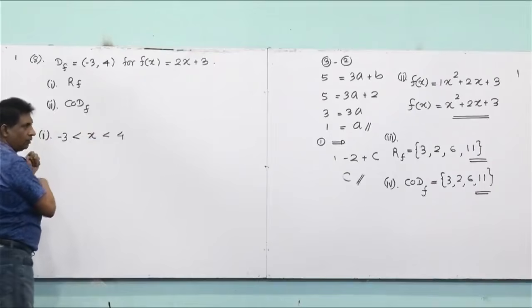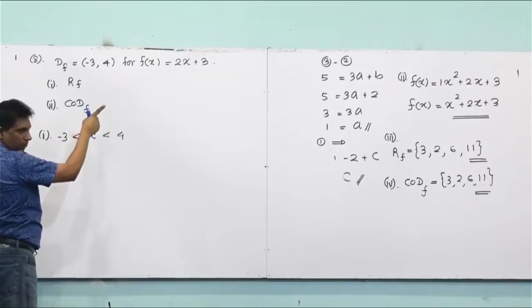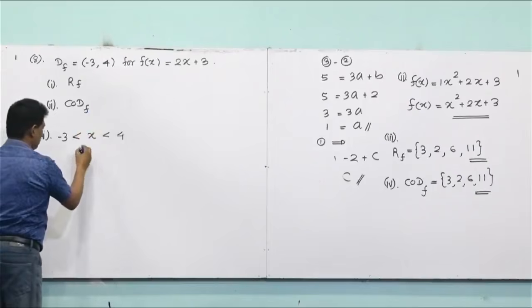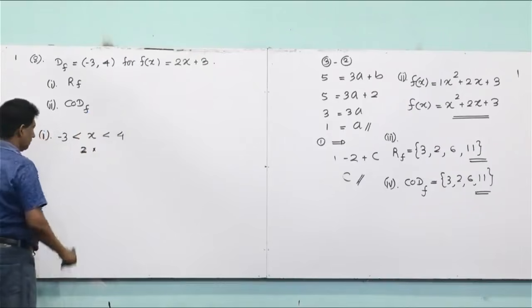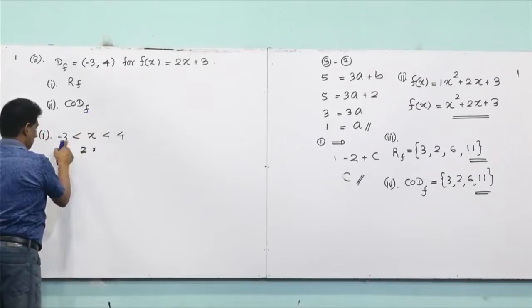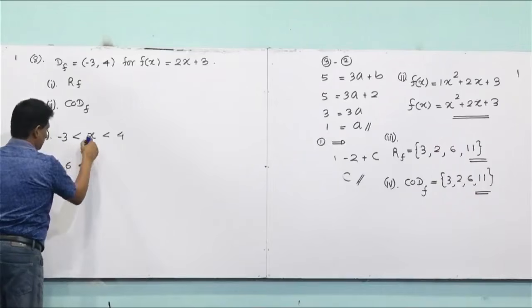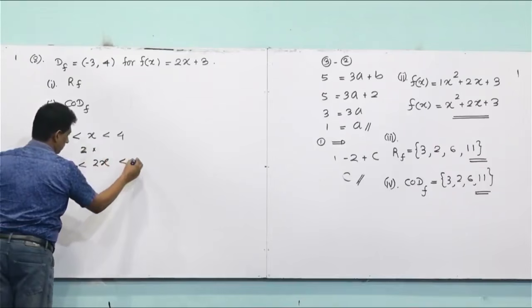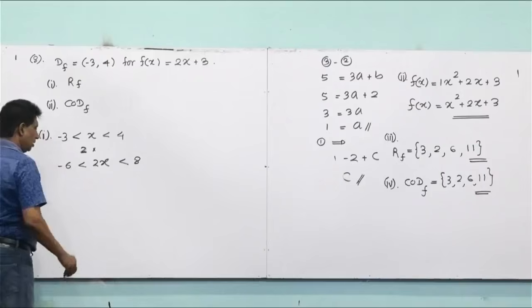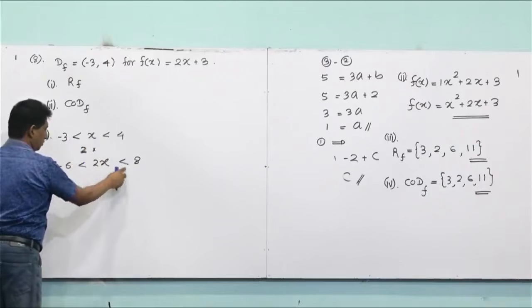First we have to multiply x by positive 2, so we multiply the double inequality by positive 2. Positive 2 into minus 3 means minus 6, here positive 2 into x, and here 2 into 4 means 8. As we multiply by a positive number, the inequality mark does not change.